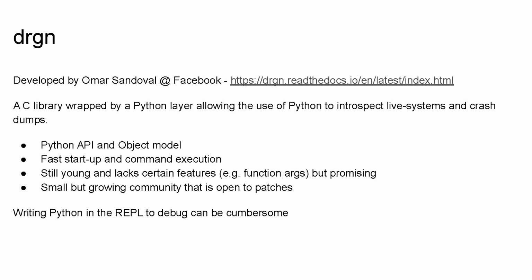It basically enables the Python interpreter to introspect live systems and crash dumps. It comes with a nice Python API and an object model. It's pretty fast to start up. It still lacks some features like function arguments, but we're working on that. The community is still small, but they've started marketing pretty aggressively, it's growing, and they're overall open to patches.